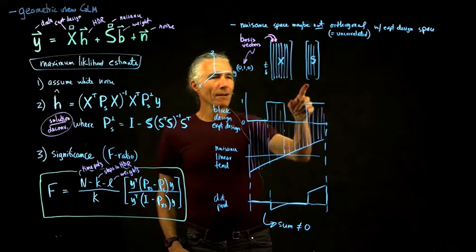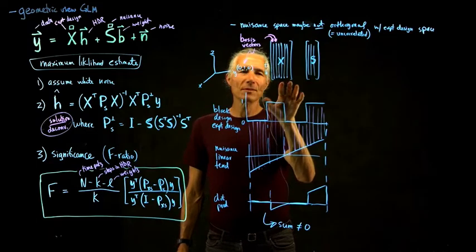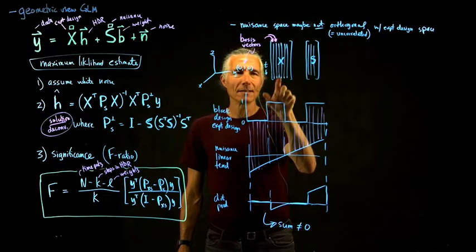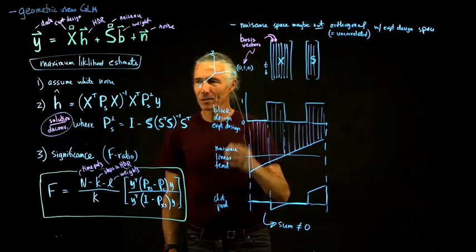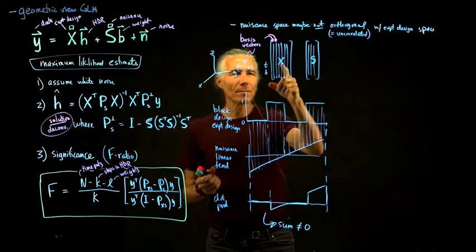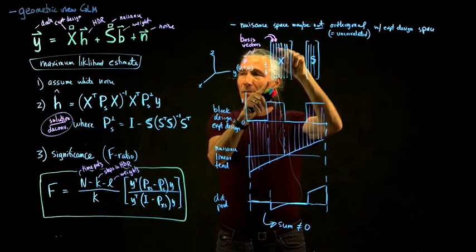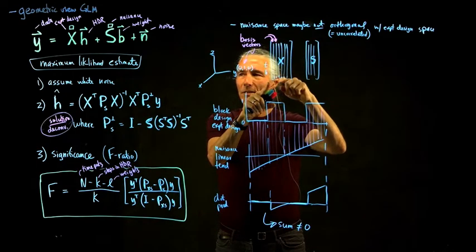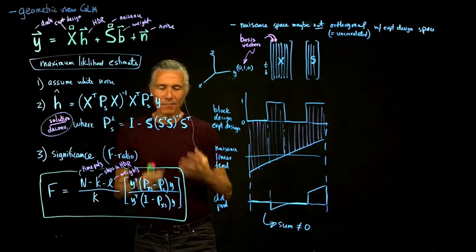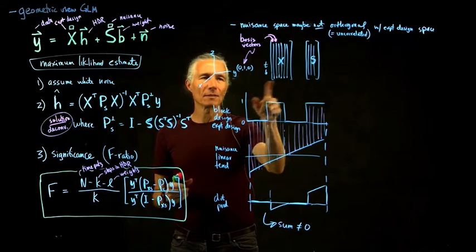That's the kind of problem you can have when these two spaces overlap. So what are these things? They're spaces of possible time courses. That's the way you should think of the experimental design matrix, the matrix of zeros and ones of your stimulus. It defines a set of possible data time courses.